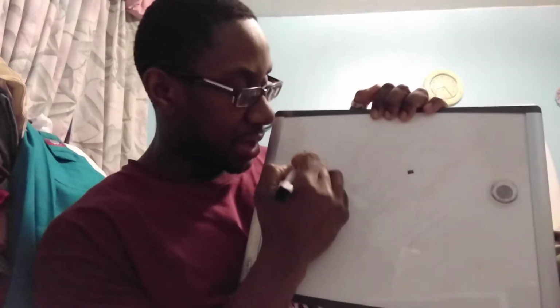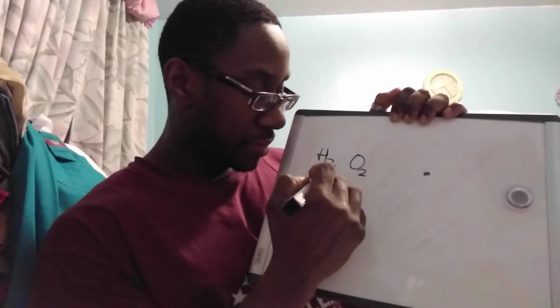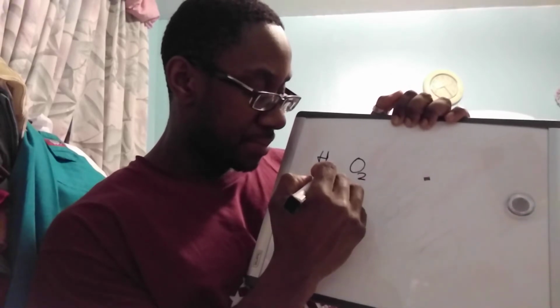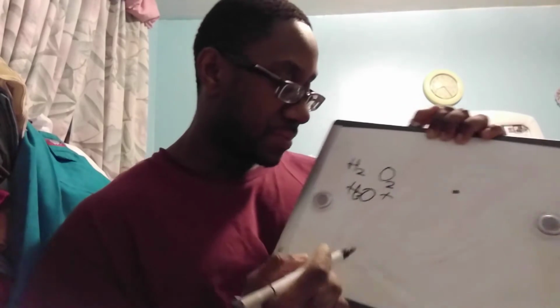So as I said again, we understood that molecules are atoms that exist naturally in pairs and triplets, etc. So for instance, you want to have hydrogen molecules, H2, O2, hydronium, H3O plus.